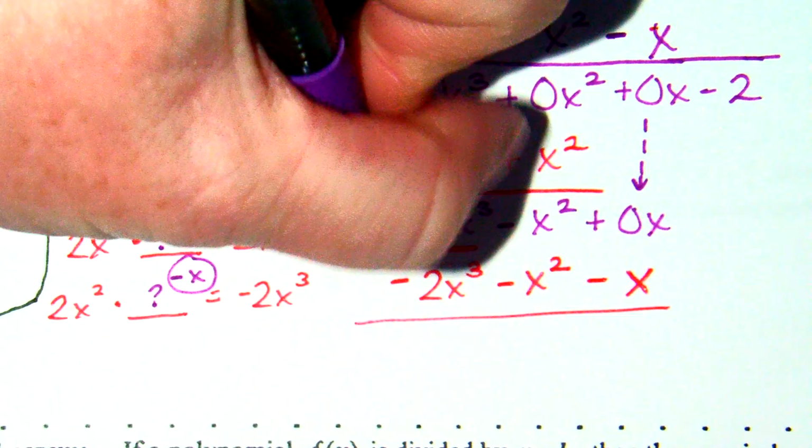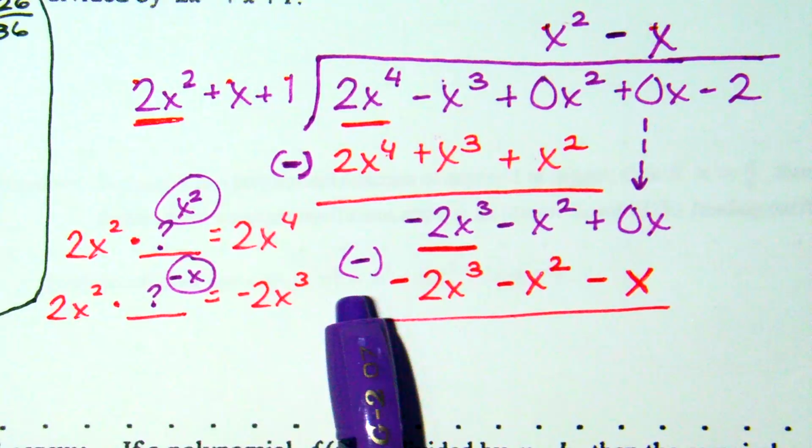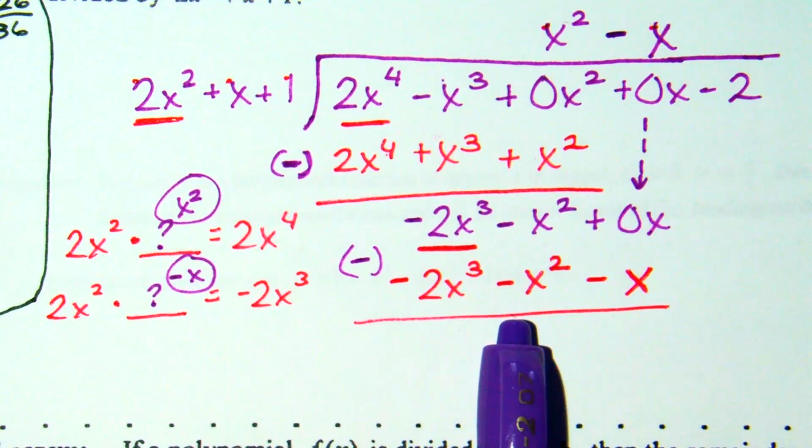After we multiply, again we subtract. Negative 2x cubed minus negative 2x cubed. That's 0, because that's really negative 2x cubed plus 2x cubed, right? Okay. Negative x squared minus negative x squared. That's 0 again, because it's negative x squared plus x squared. Now, that one didn't have to be 0.